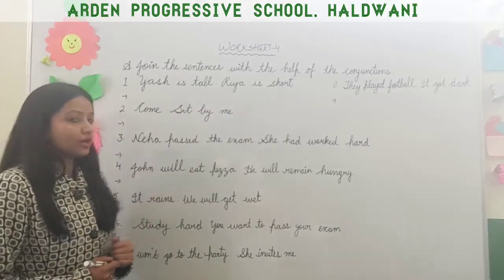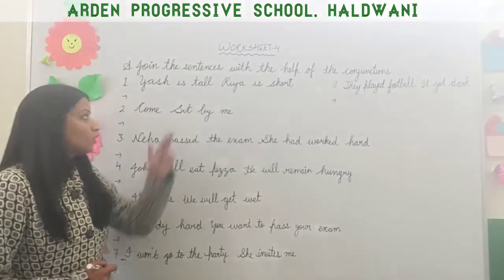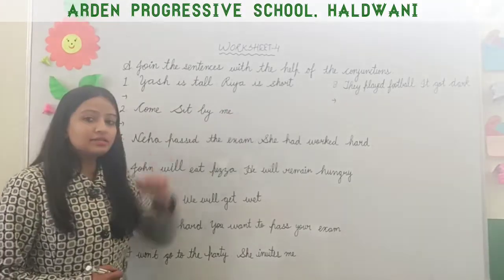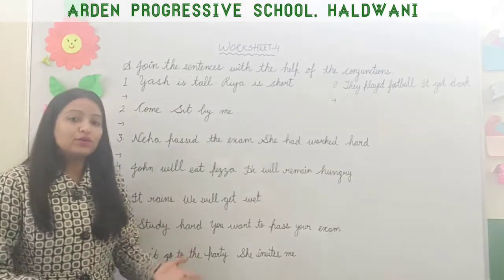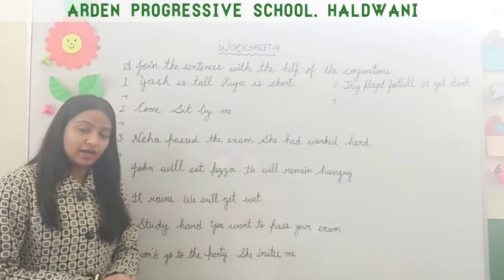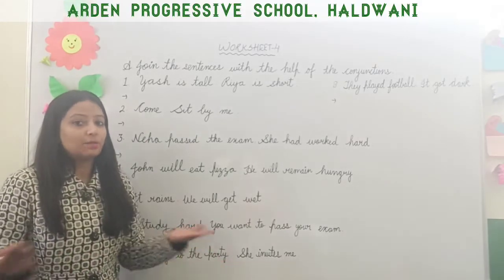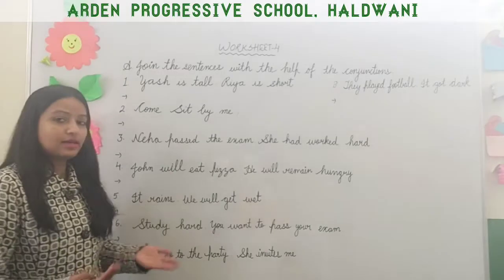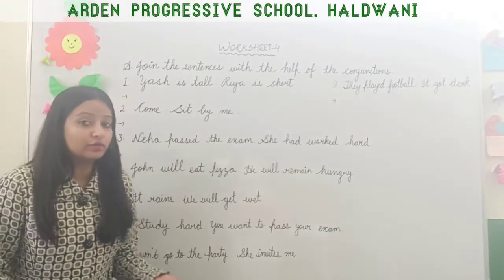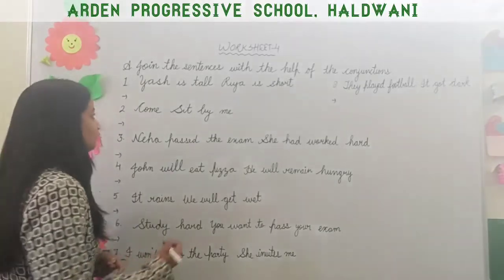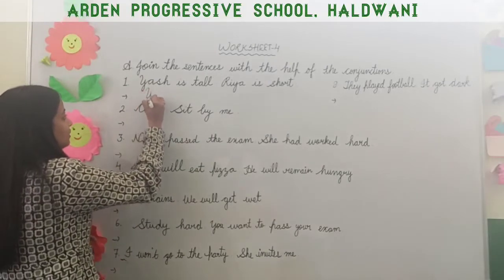Here we are talking about two children. One is tall and the second is short. What do you think? These are same ideas or contrasting ideas? Opposite ideas. These are opposite ideas. So what should we use? But. So what will be the new sentence?